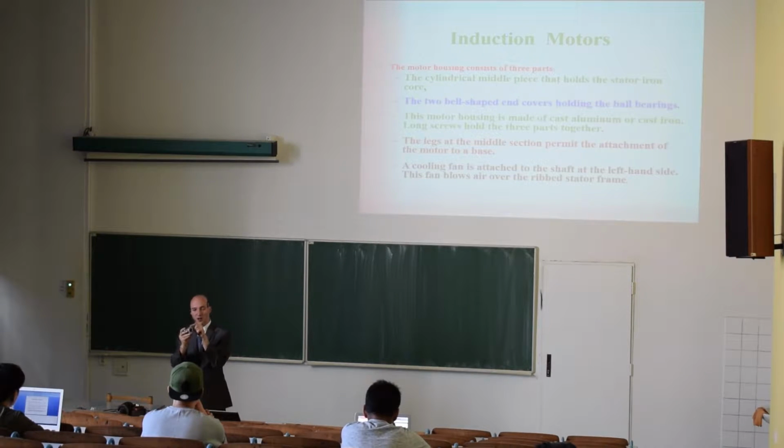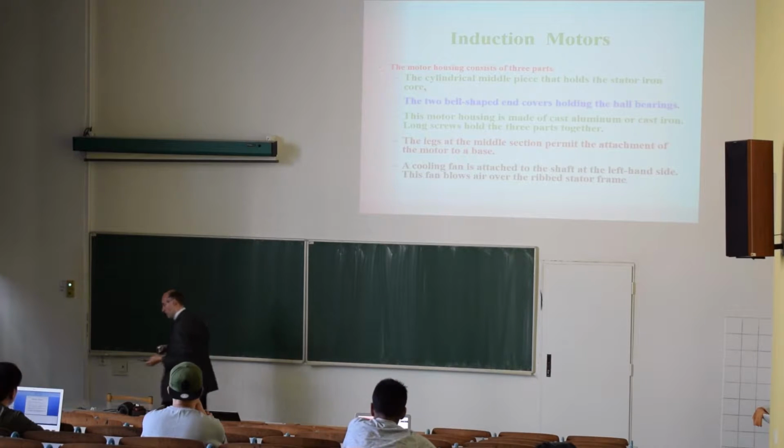And the aluminum goes in those slots, and it creates bars which act like a winding. I have here some examples, so let's take a look on this. By the way, this part acts like a fan. So when this turns, we will have airflow that will cool the machine down. So let's take a look on that.